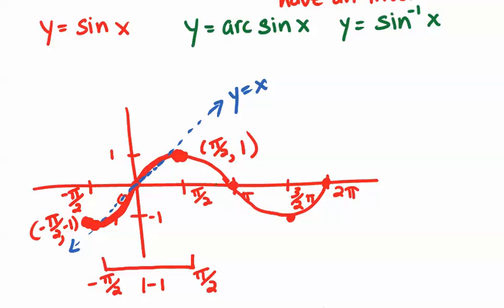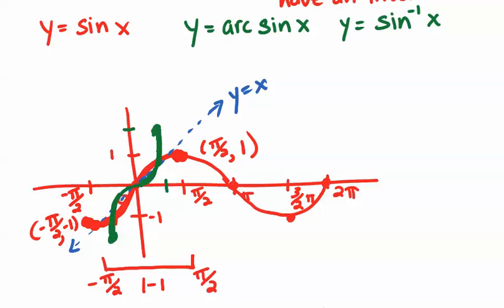So if we flip these values, the reflection of that point is going to go up here, and the reflection of this point is going to go down here, and we now have a graph of the inverse.